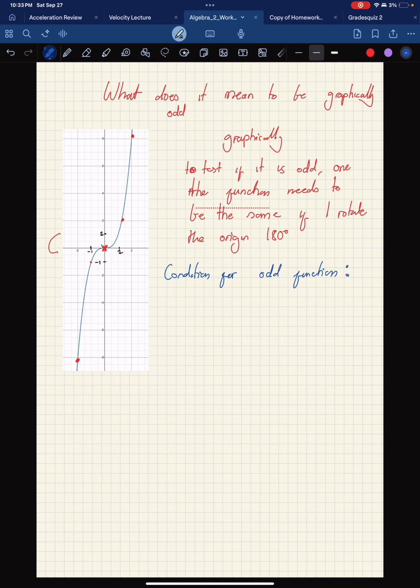So our condition is: if we negate our x values, we expect the y values of the function to be negated, and the x values to be un-negated. I don't know if that's a correct word, but we see the x here is not negative, but the x here is negative. So the x values lose the negative, and the y values get the negative.